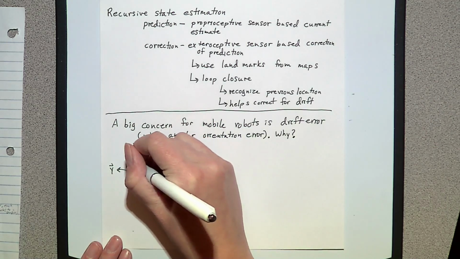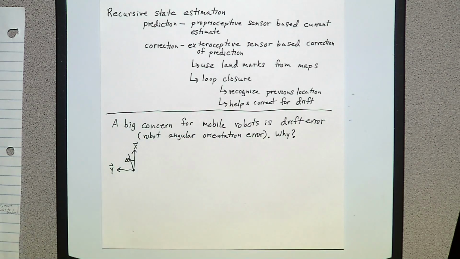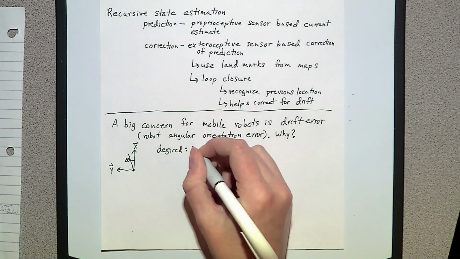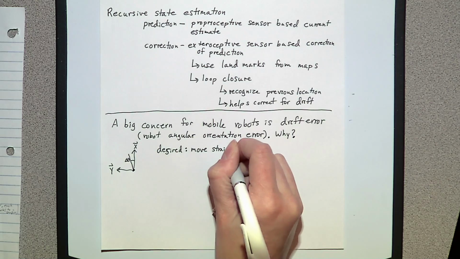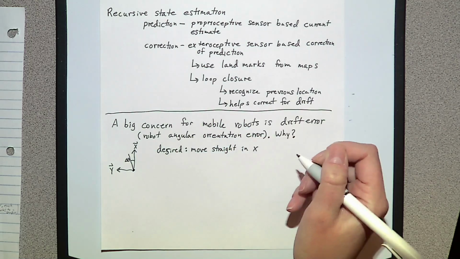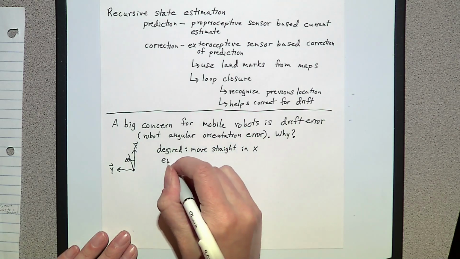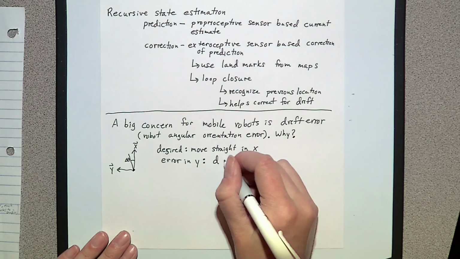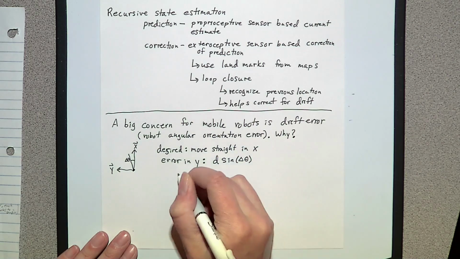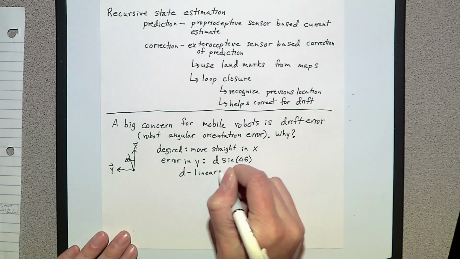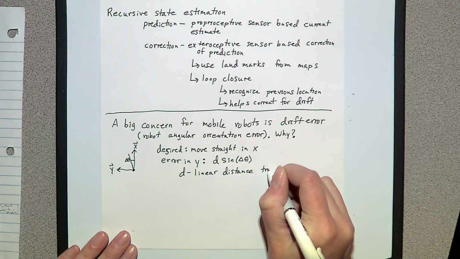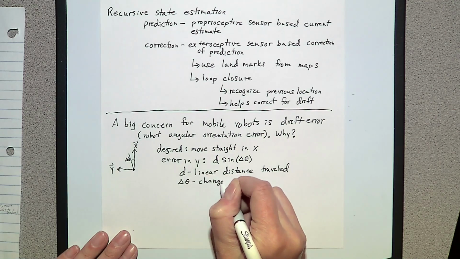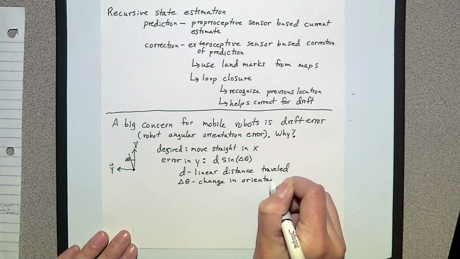But if in reality we have some delta theta here that's offset, so our desire is to move straight in X, then what we'll find is that the error in Y is d sine delta theta, where d is our linear distance that we're traveling, and delta theta is that change in orientation.